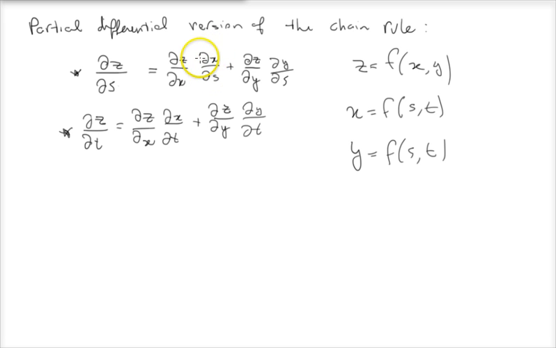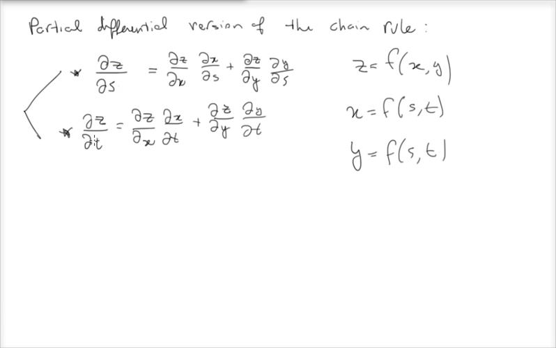However, the derivative of the variable with respect to the parameter and the derivative of the function that you're trying to find with respect to the variable are partial derivatives because you can take the derivative of that variable or that function with respect to multiple parameters. And that's why we have these two options here. We have the partial derivative of z with respect to s, and with respect to t.